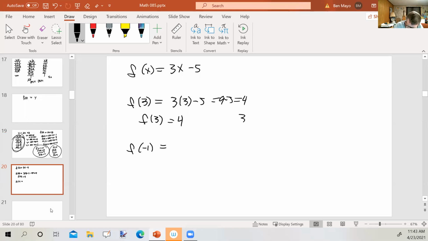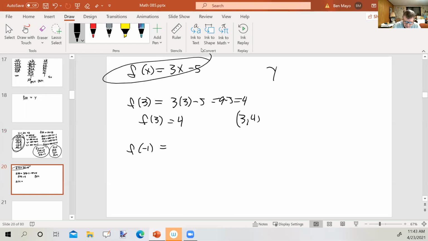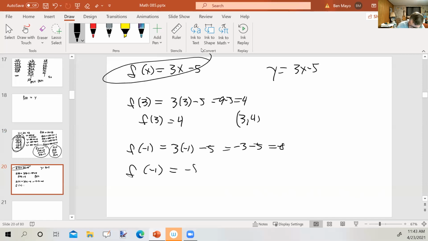Again, that corresponds to the ordered pair 3, 4. If we were to graph this, it would look just like the graph of y equals 3x minus 5. The point 3, 4 would be a point on the graph. F of -1 is 3 times -1 minus 5, which is -3 minus 5, or -8. So f of -1 equals -8, which corresponds to the ordered pair -1, -8.